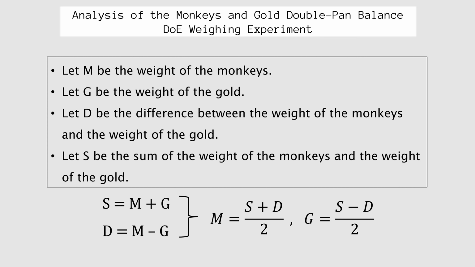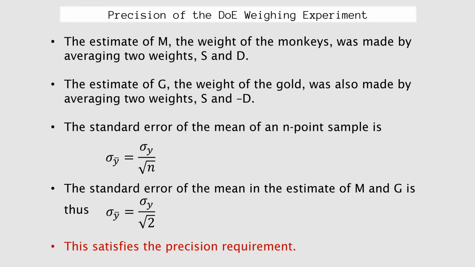I'm not going to go through this in detail since this is being recorded and is available online, and you can review the details at your leisure. Regarding the precision of the measure, here are the details. Again, you can review this online, but the precision requirement was satisfied.